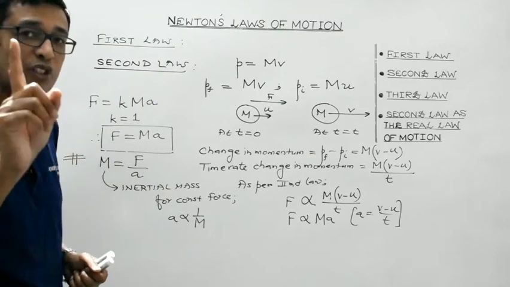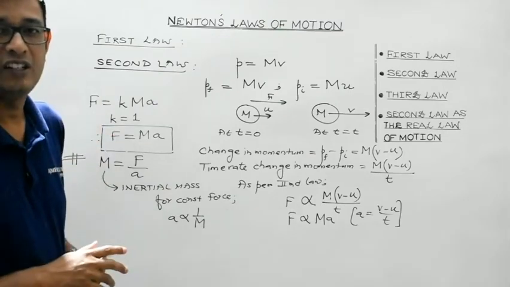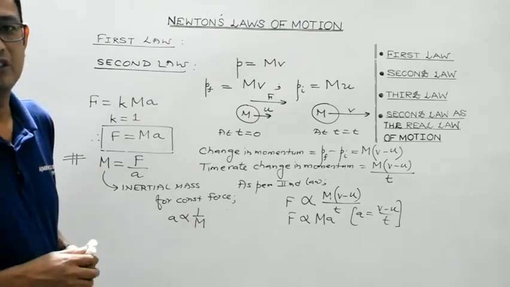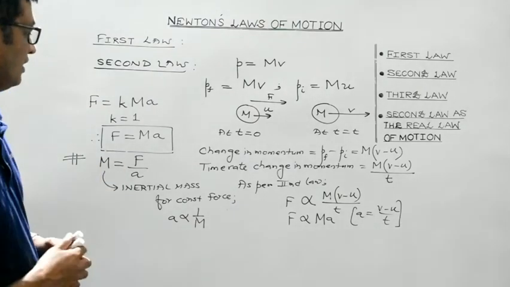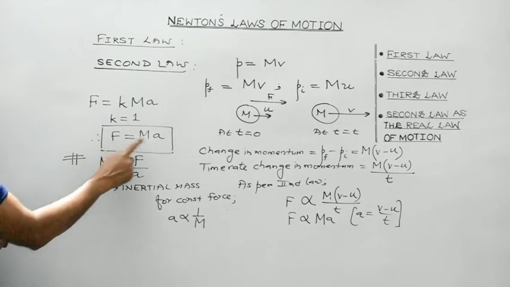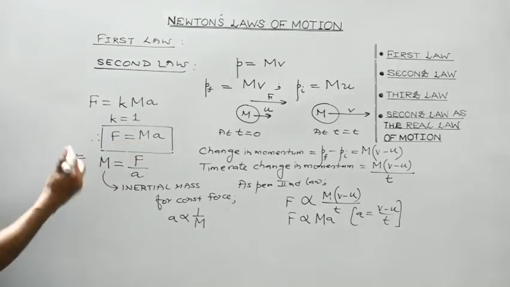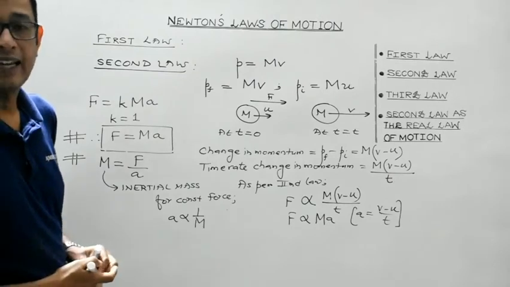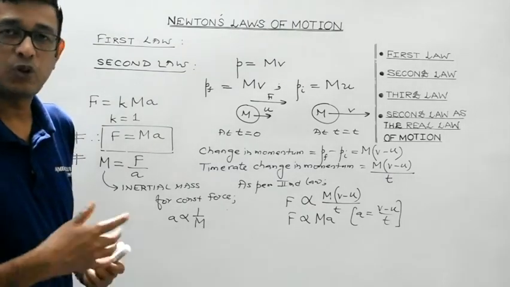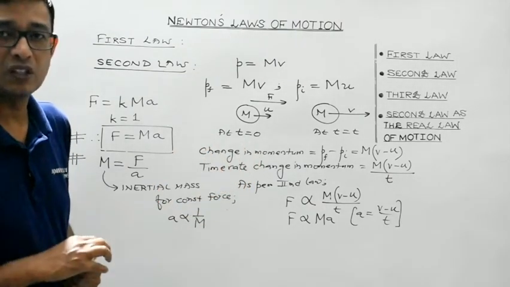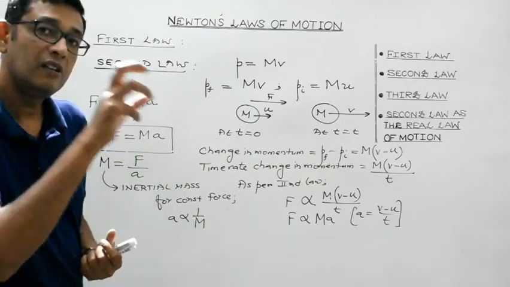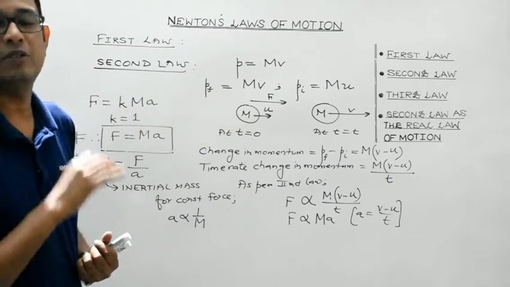So this is one of the consequences of Newton's second law, which can be used to determine the inertial mass of a body, right? Second consequence is, students, by using this formula F equals ma, if we are able to calculate the acceleration produced in the body and mass of the body is known to us, then by using this formula we can easily calculate the force which is applied on that particular body.